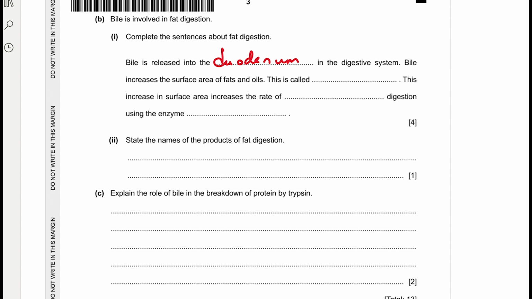Bile increases surface area of fats and oil. This is called emulsification. This increase in surface area increases the rate of chemical digestion using an enzyme known as lipase, because lipase is the enzyme that acts on fats.